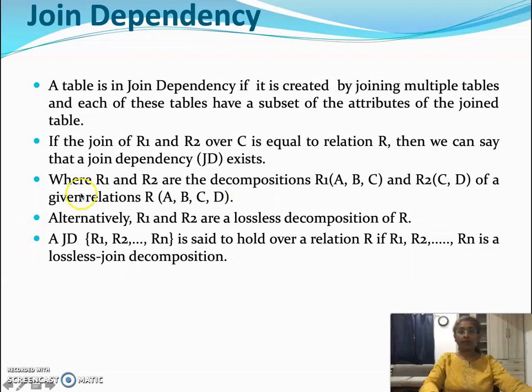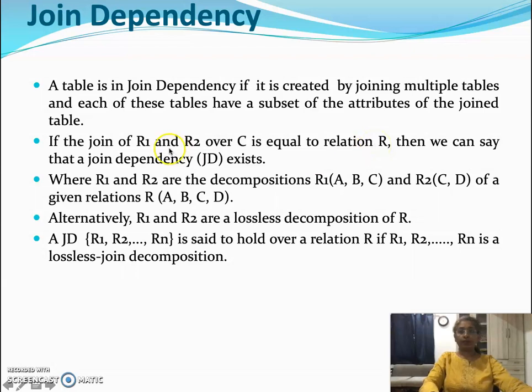For example, if we join R1 and R2, and C is a common attribute for R1 and R2, this gives us a relation R. Then we can say that a join dependency exists in R.